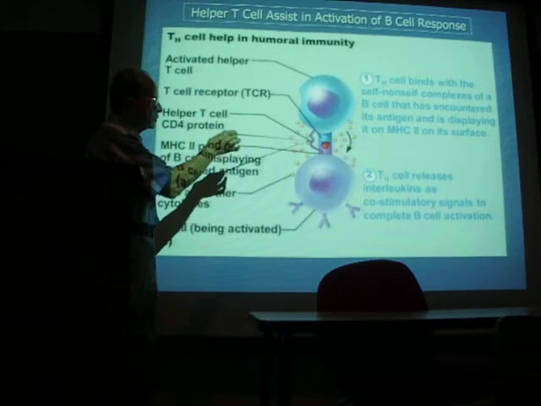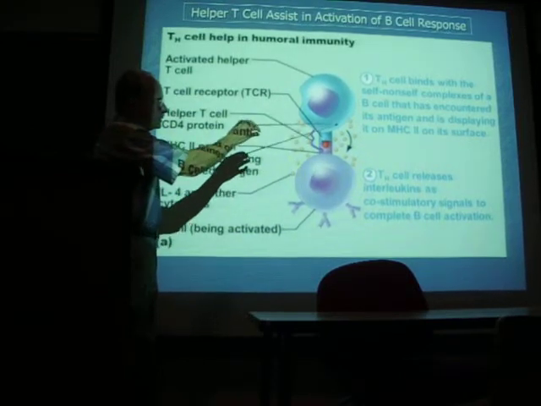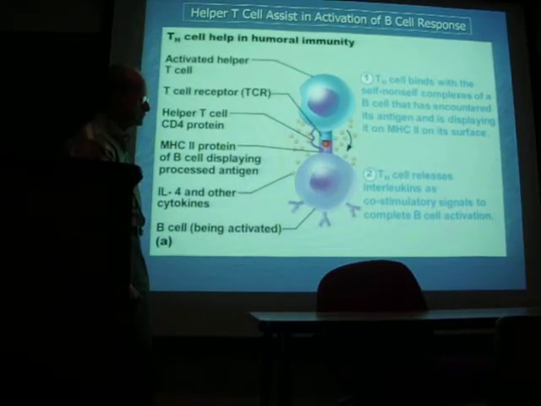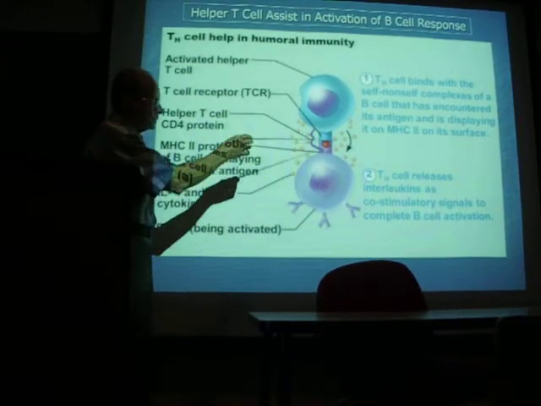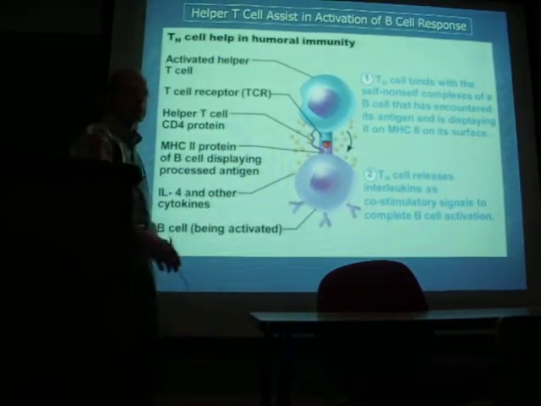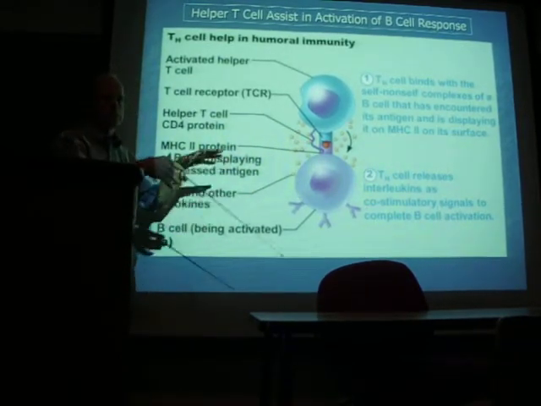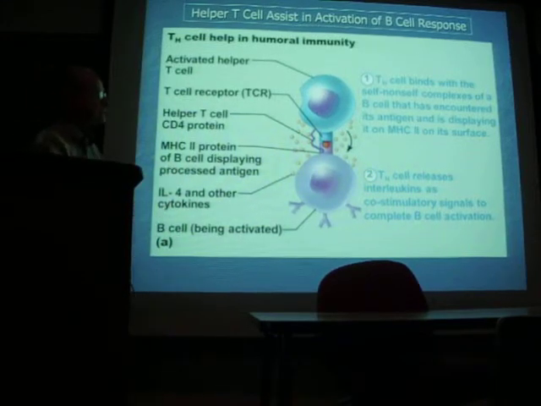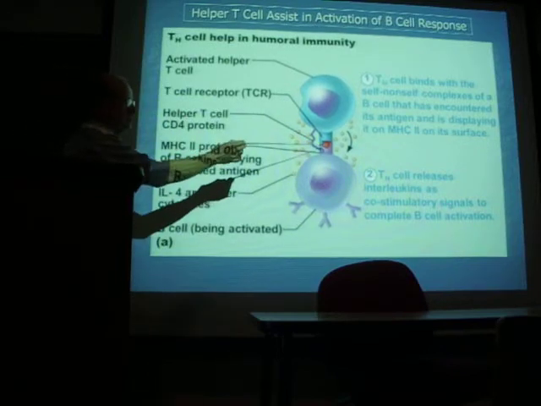This is this CD4 marker here. It's releasing some stimulatory proteins here. As a result of what this helper T cell does, this cell becomes activated, produces its memory cells, produces plasma cells, and antibodies that are specific against this antigen, wherever it shows up in body fluids.